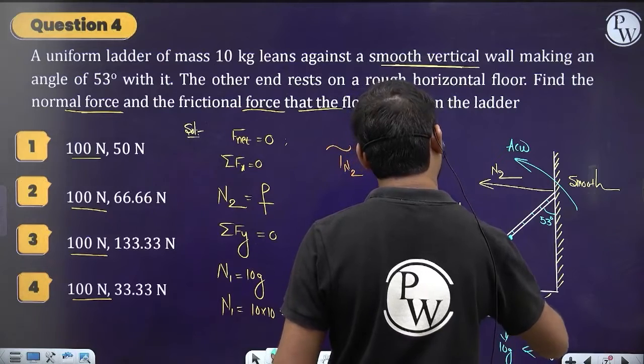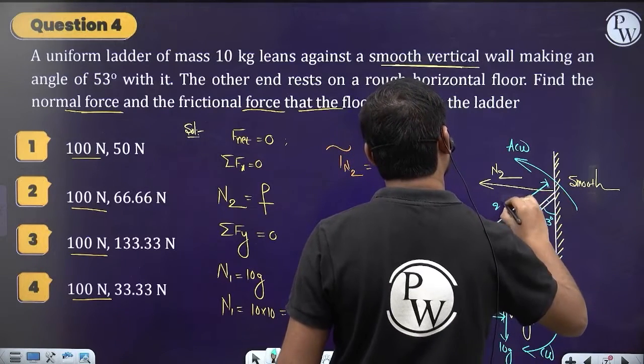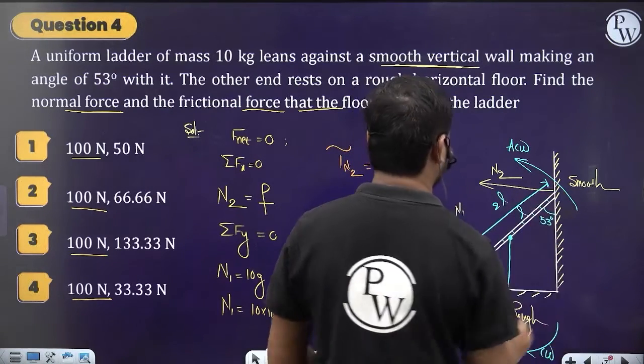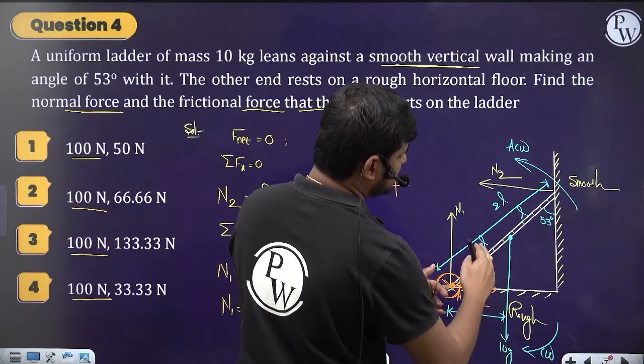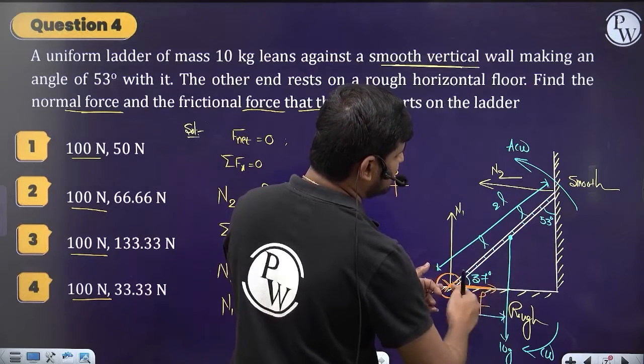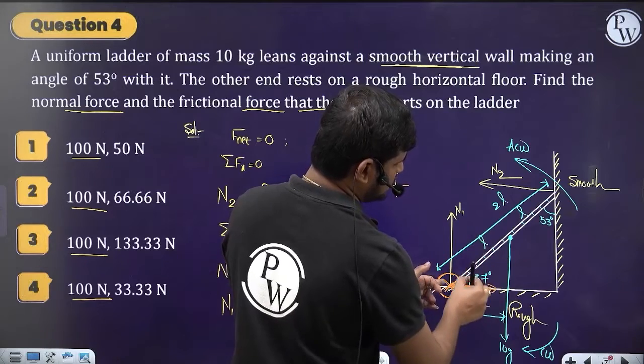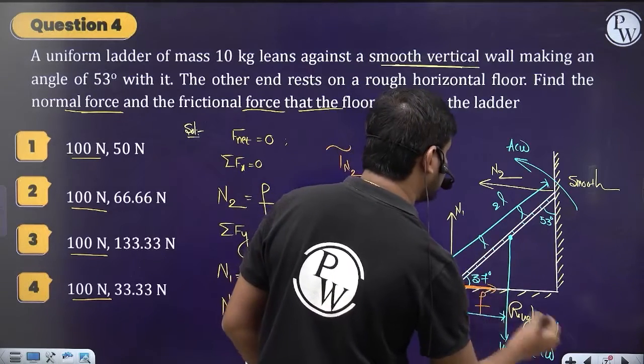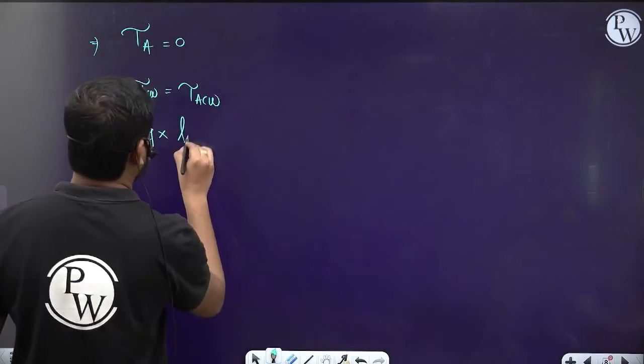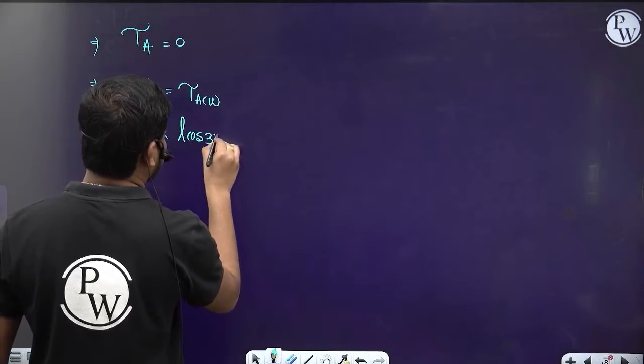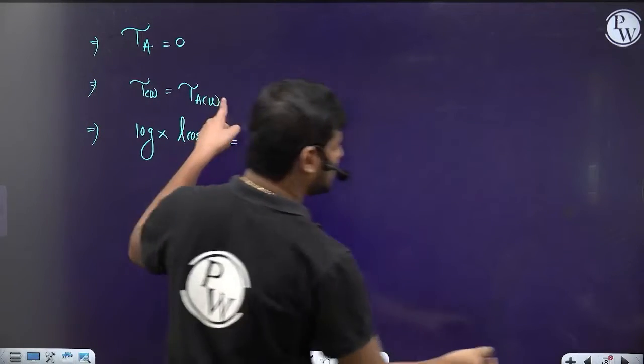Then it will be L and L. So this side component will be L cos 37, where theta is this side. So I am writing 10G into L cos 37 is equal to the torque due to N2.